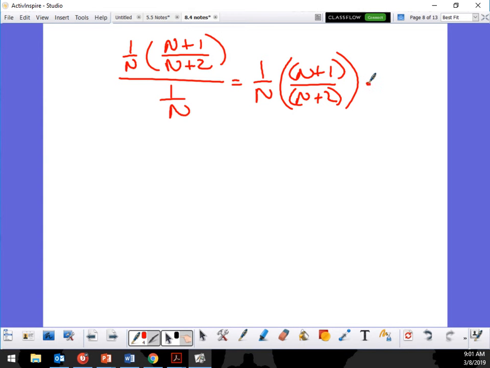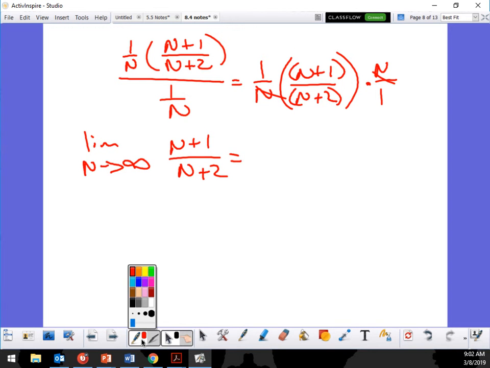The reciprocal of the bottom is going to be n over 1, which is now going to give me the limit as n goes to infinity of n plus 1 over n plus 2. So as those things race to infinity, I get infinity over infinity. What's infinity divided by infinity? No, I'm not checking for L'Hopital.